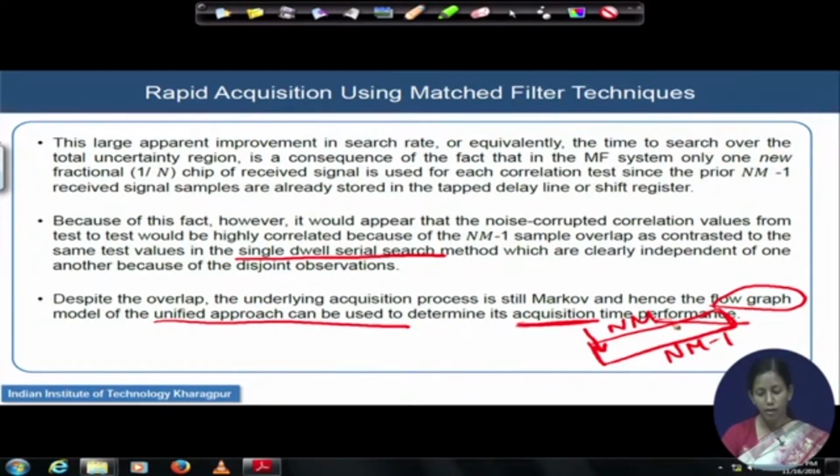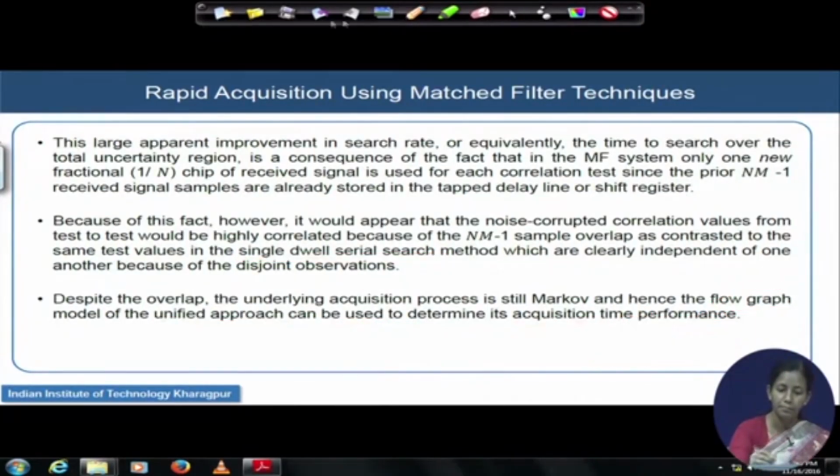So it doesn't violate the fundamental Markov chain model, and we can still utilize this matched filter, and the promised gain in terms of rapid acquisition can be obtained.